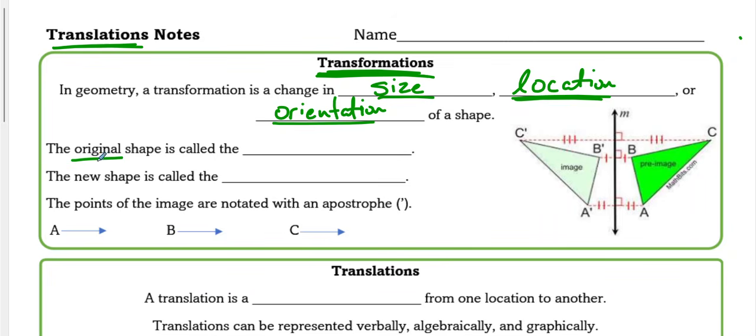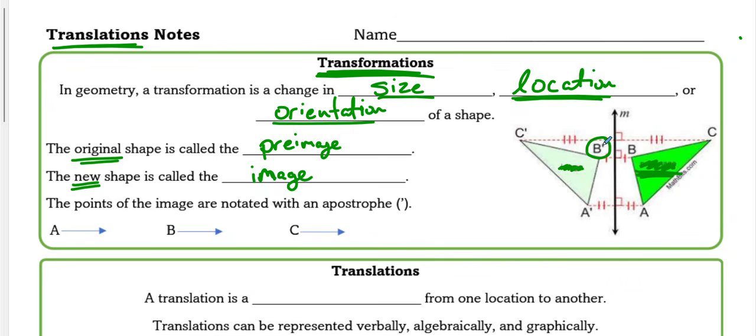When we do this, the original shape is always called the pre-image. So in this picture, that's the original shape. That's called the pre-image, and it changes into the image. The new one is called the image. And without these words, let's say that wasn't written there, we would still know that this is the image and this is the pre-image because this is marked with the apostrophe.